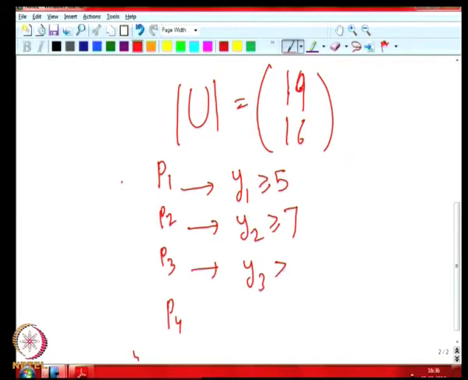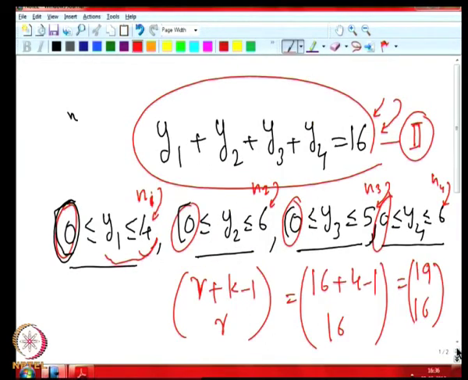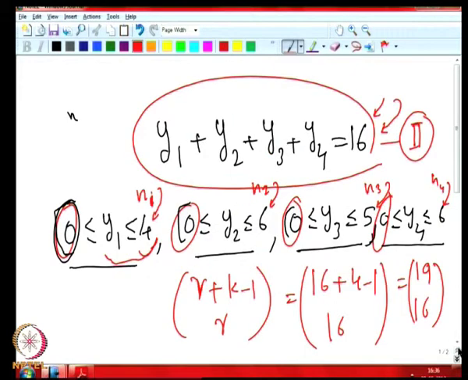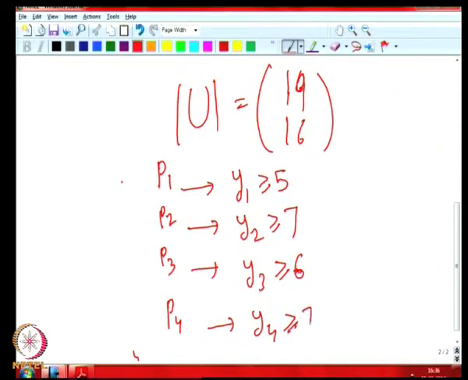y3, what is the undesirable thing? It's at least 6, because we are allowing only at most 5. And y4, the undesirable property is at least 7. These are the undesirable properties.